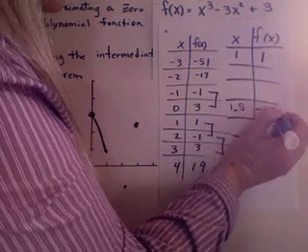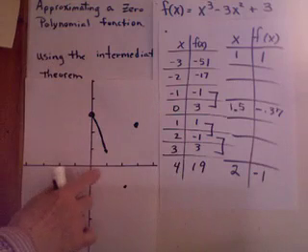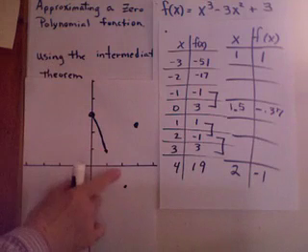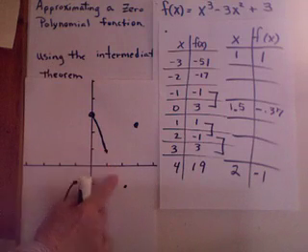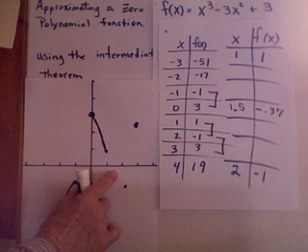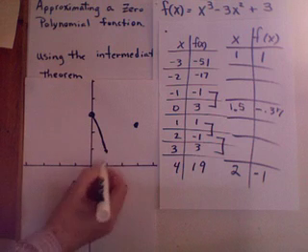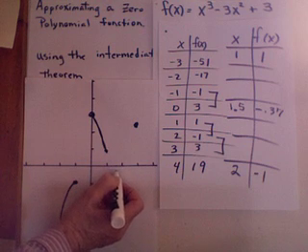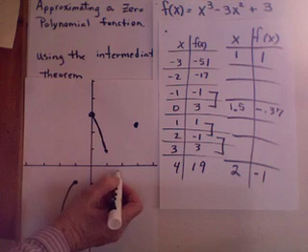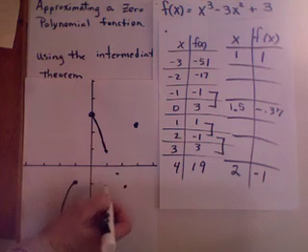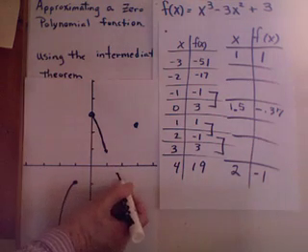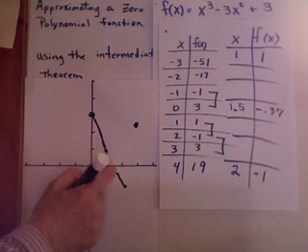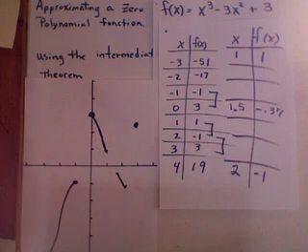So at 1, I'm up at 1. At 1.5, which is halfway, I'm down at negative 0.37. So that's less than halfway, so it's right about there. So I could connect from here to here, but I'm not sure exactly where it crosses the line.